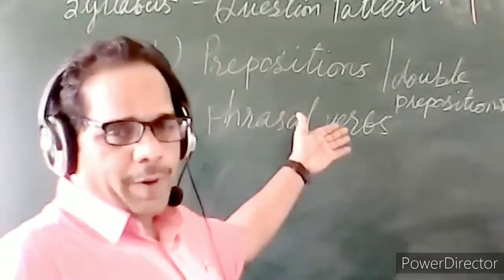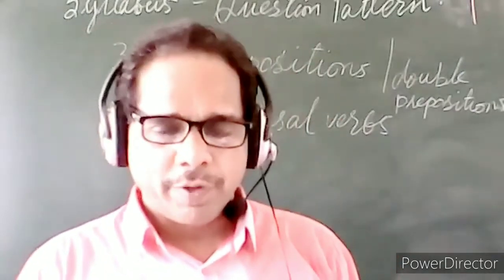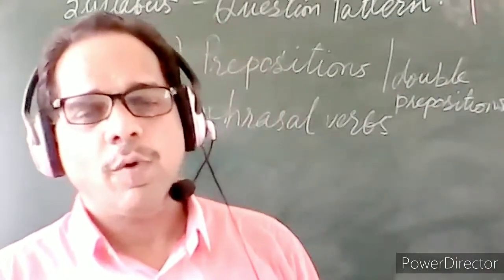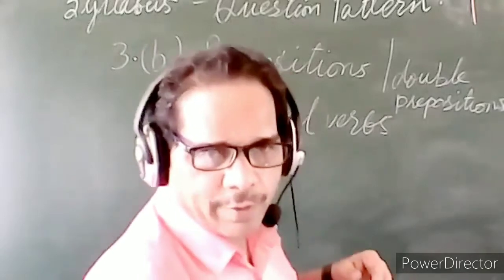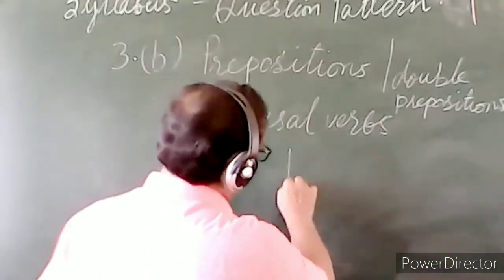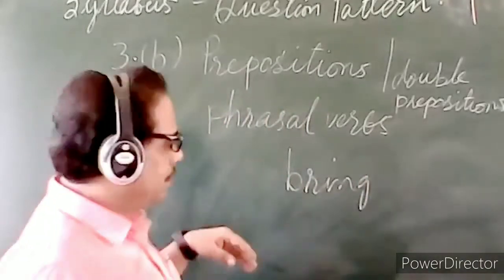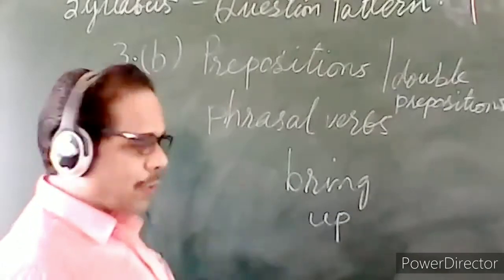Then you have phrasal verbs. What is a phrasal verb? A phrasal verb is a combination of a preposition and a verb. We'll be learning it, no problem. For example, take bring. Bring is a verb. Up is a preposition.